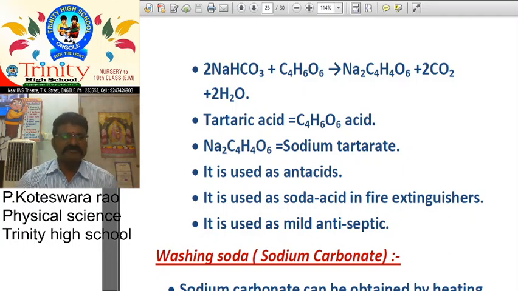It is used as a mild antiseptic. We already discussed, when a honeybee or an ant stings your body, immediately that place must be rubbed with baking soda. So here baking soda acts as an antiseptic.